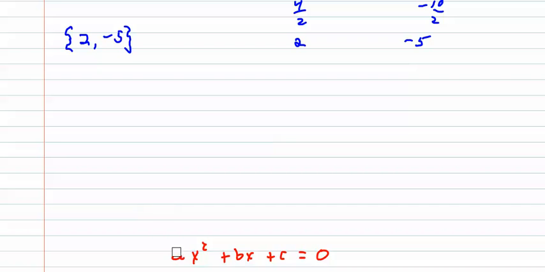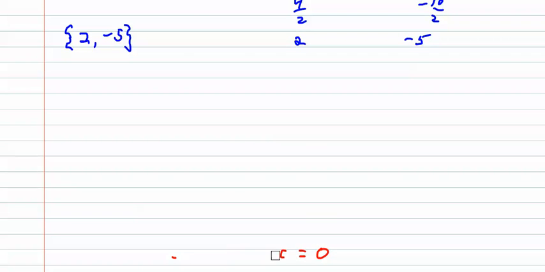All right, let's do one more here, and then that'll be enough. 6x squared minus 11x minus 10 equals 0.